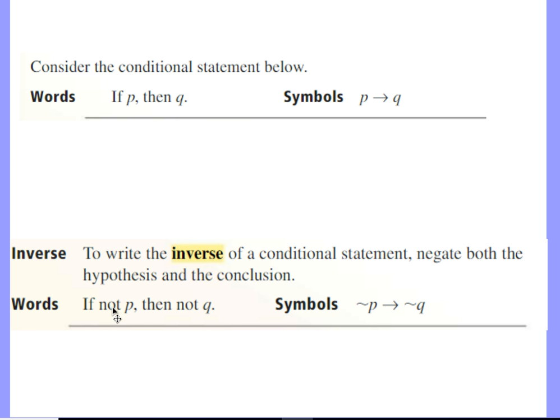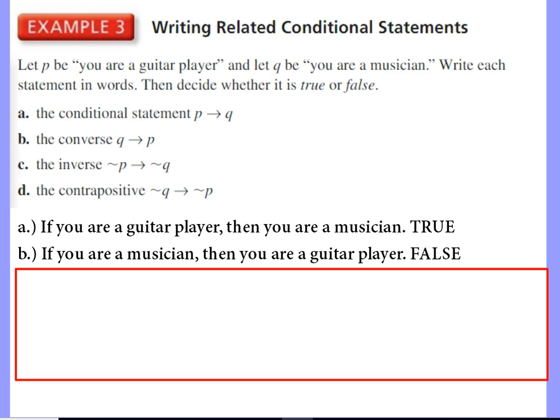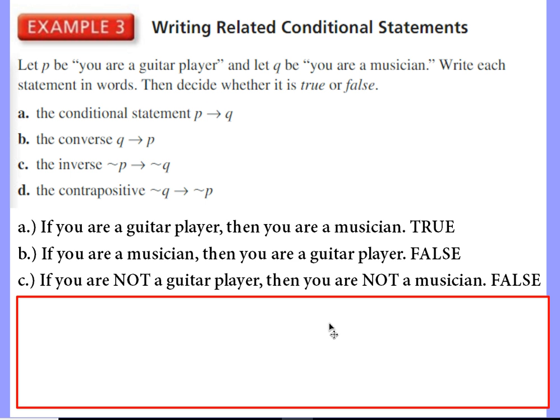So that's read, if not P implies not Q. Going back to our example, the inverse means if you are not a guitar player, then you are not a musician. But again, that's a false statement, because just because you're not a guitar player, you still may be a musician. Maybe you just play a different instrument.